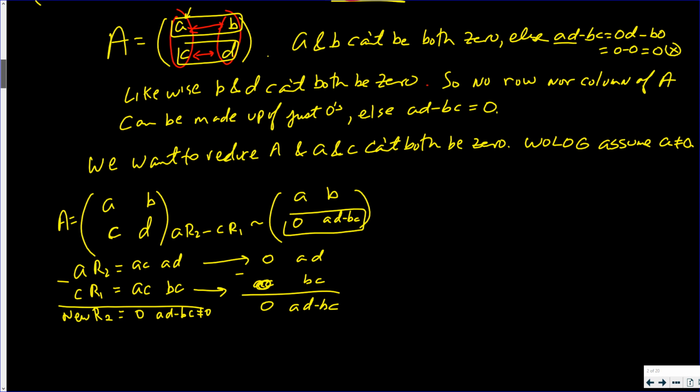If C were 0, I still have the same row 1, and all I did was multiply D by a non-zero value.